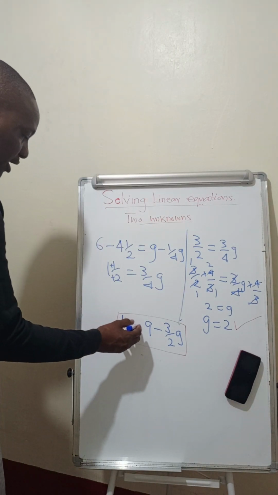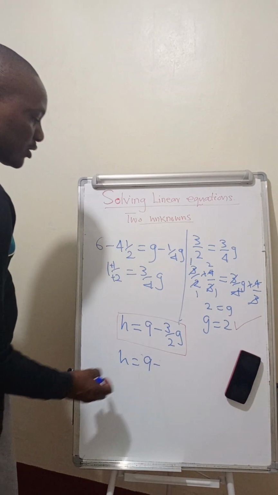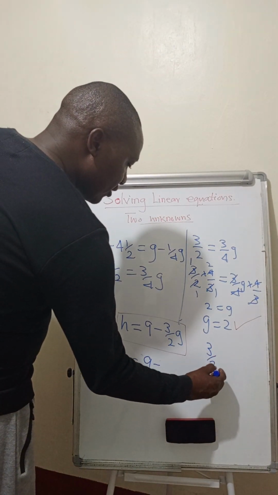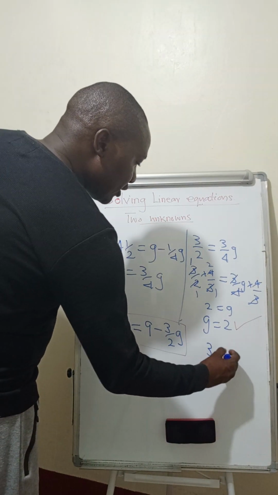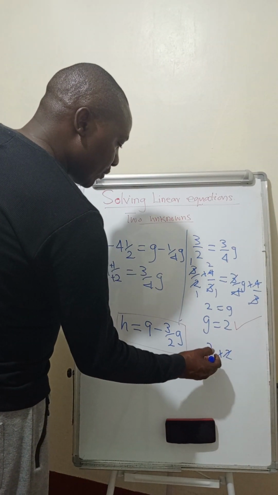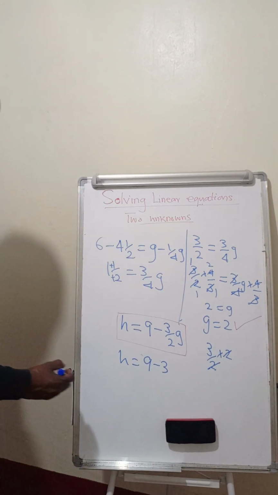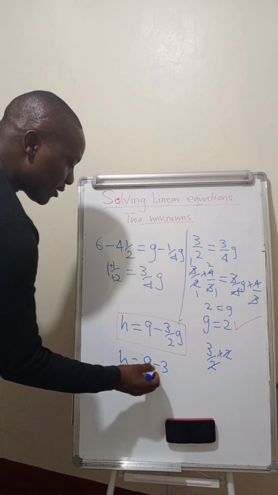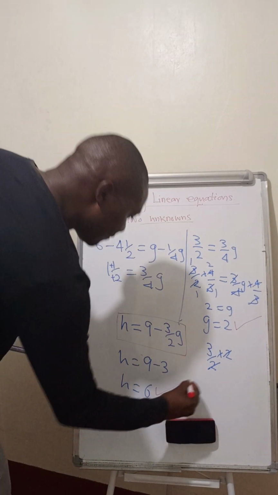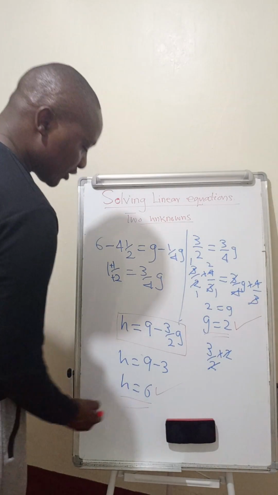We had expressed h to be 9 minus 3 over 2g, and our g is 2. So 2 cancels that. So we are remaining with 3. So here 9 minus 3. So h is equal to 9 minus 3, which is 6. And that's the value of h. We have got the value of g and the value of h.